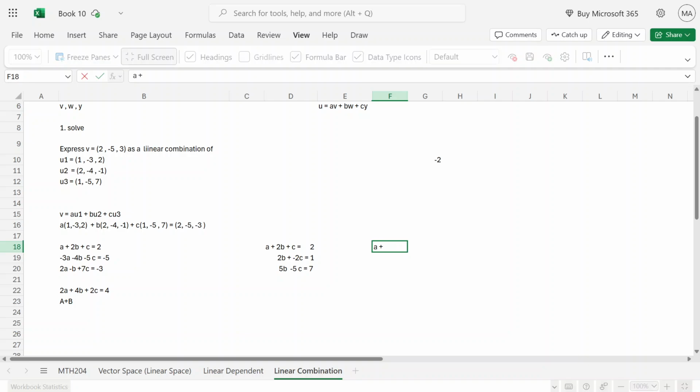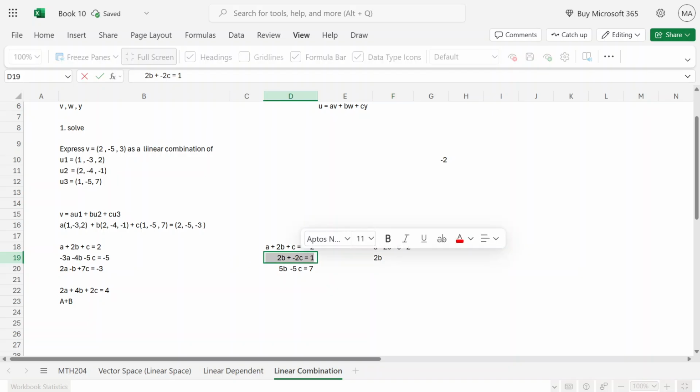A plus 2b plus c equals 2. 2b. Okay, and we get minus 2c here. We can rewrite this if it is minus 2c.